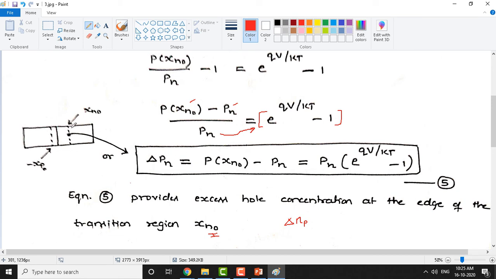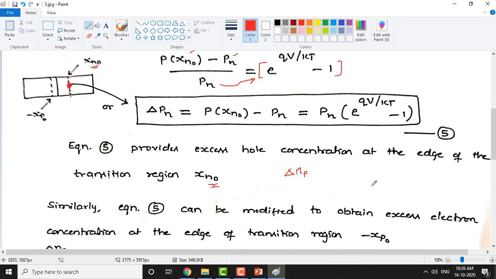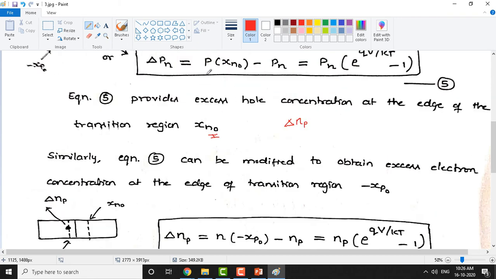The excess hole concentration at the edge of the depletion region at xn naught distance is given by this equation: Pn into e to the power of qv by kt minus 1. This is called holes that are injected from the p side to n side, so excess holes on the n side here.